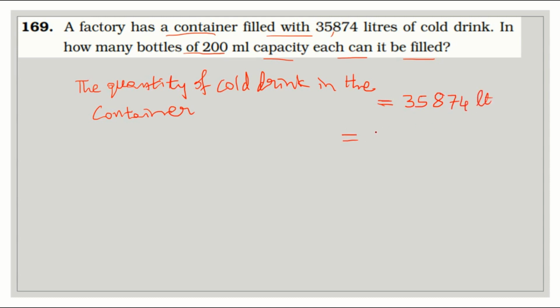Now converted into milliliters, 35,874 into 1000 milliliters.